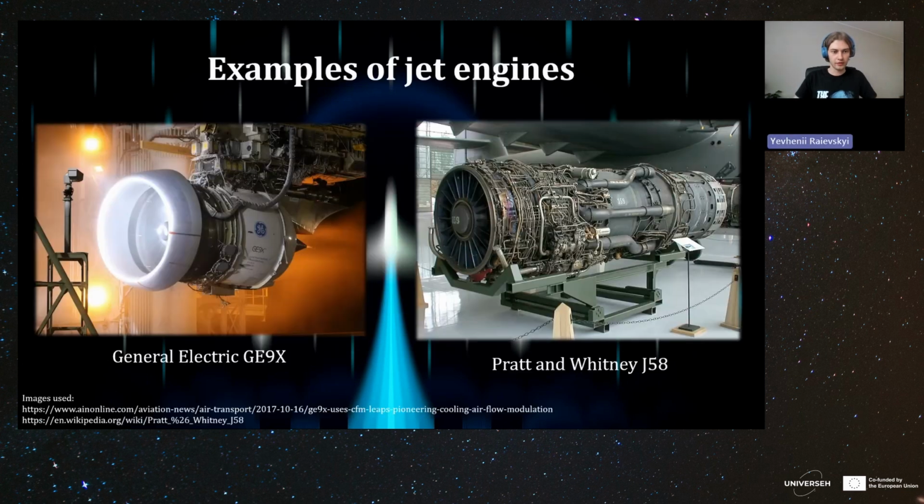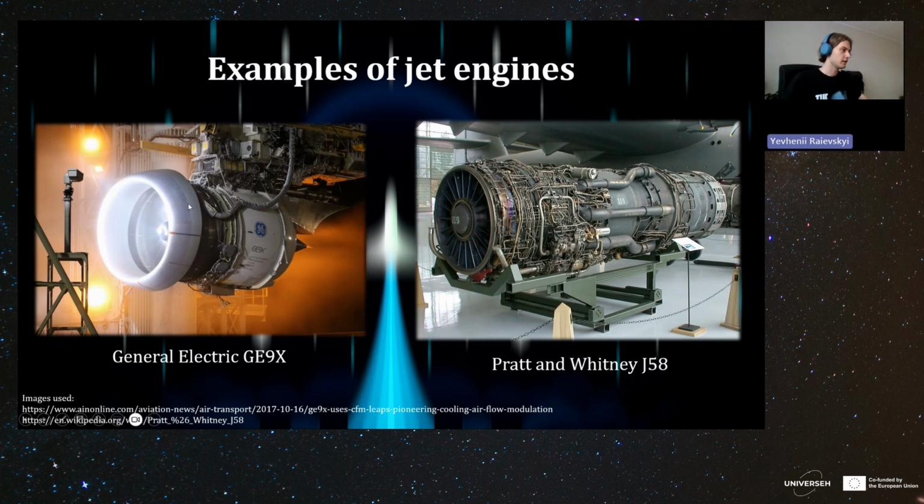One example of this is this gigantic engine, General Electric's GE9X, the world's largest commercial aircraft engine. The fan is enormous, 3.4 meters in diameter. This beast has a bypass ratio of 10:1, so most of the thrust is generated by the flow of bypass air.